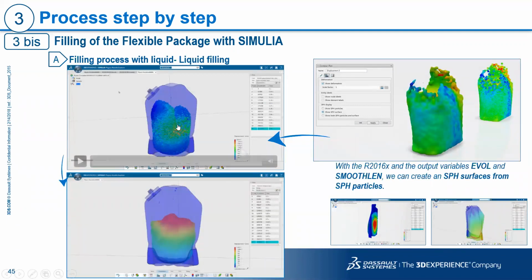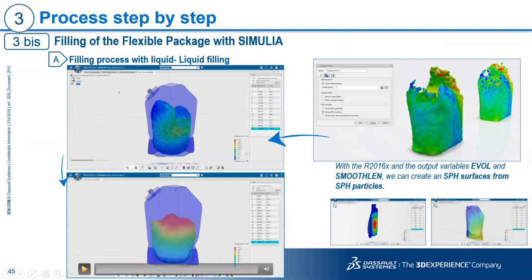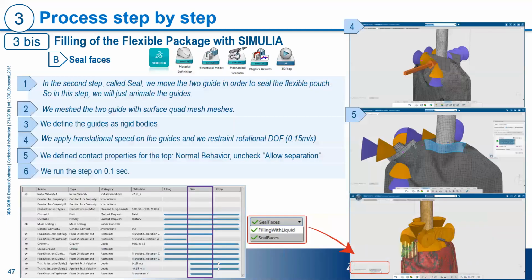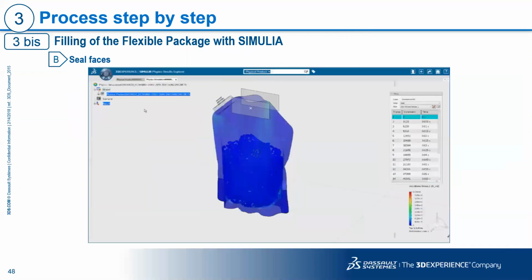We have the SPH particles, and from the SPH particles we can smoothen those particles and create a much more cohesive surface here. Once we have filled it, we apply the constraints. We apply the constraints and seal the package, and we do the subsequent analysis.